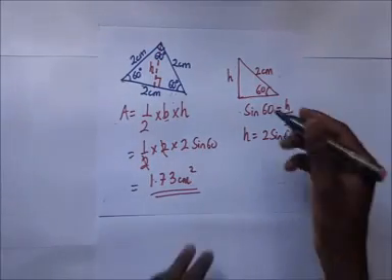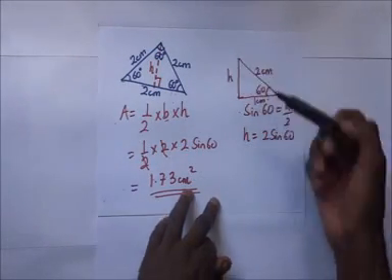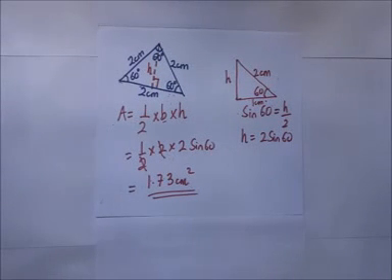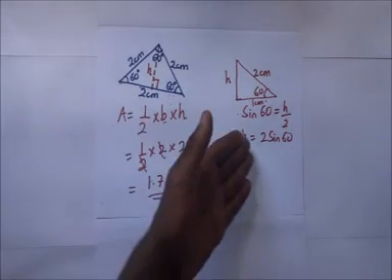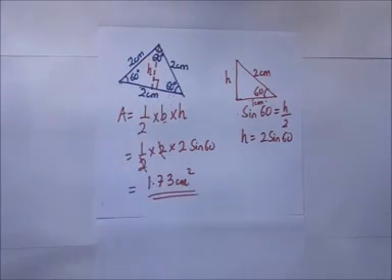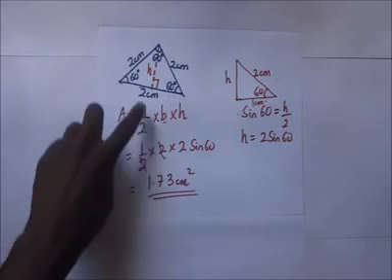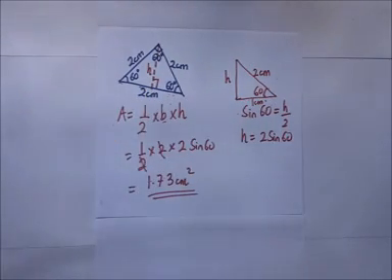And if this here is just 1 centimeter, then we can still get the height using Pythagoras theorem. But since we are dealing with trigonometry as a topic, I'm only going to interest myself with using trigonometric ratios to get the value of height. Otherwise, this only works if it is an equilateral triangle.